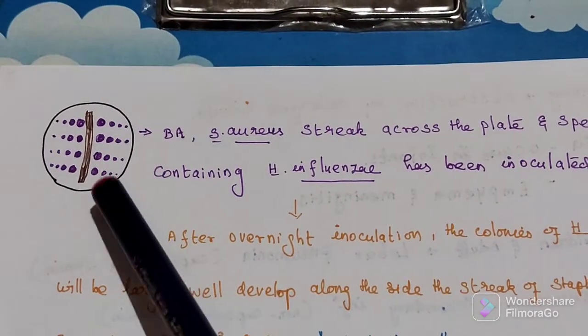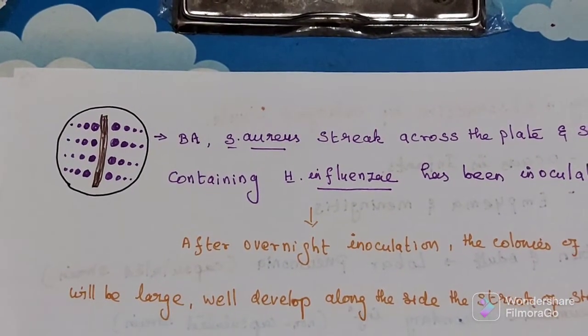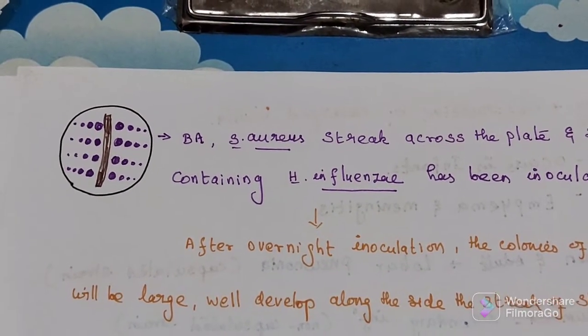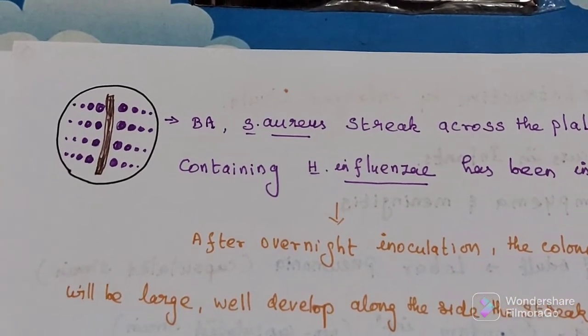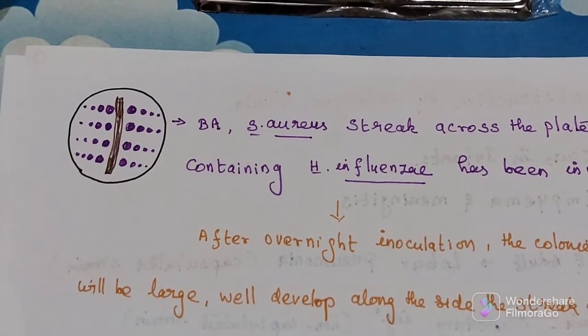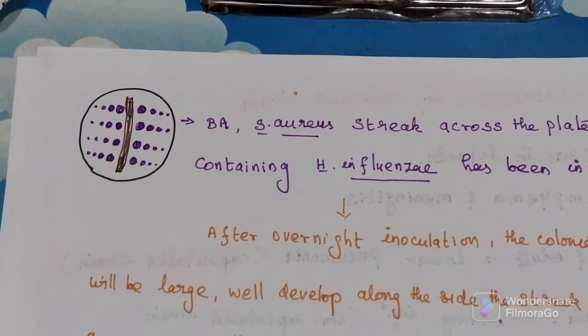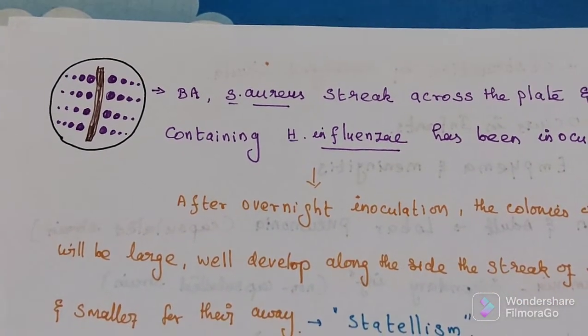The plate is blood agar medium. In the center we streak Staphylococcus aureus across the plate, on blood agar on which the specimen containing Haemophilus influenzae has been inoculated.